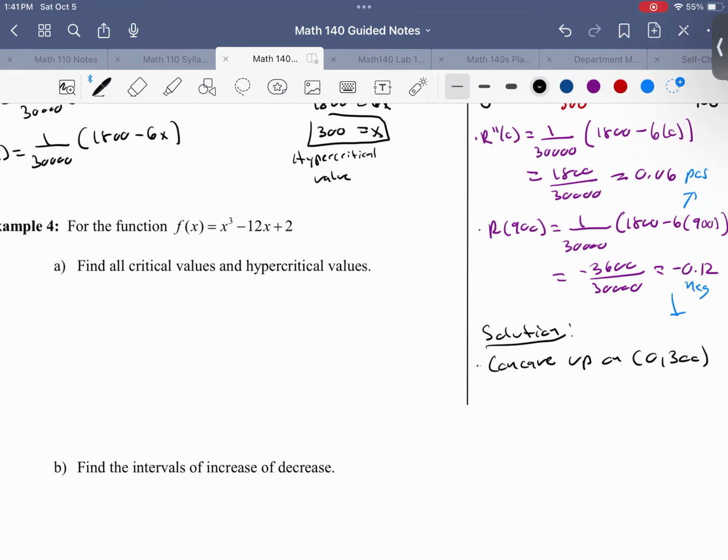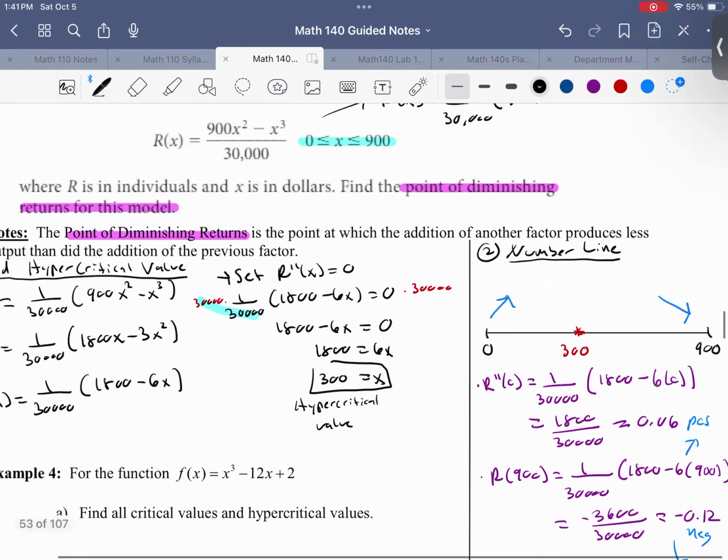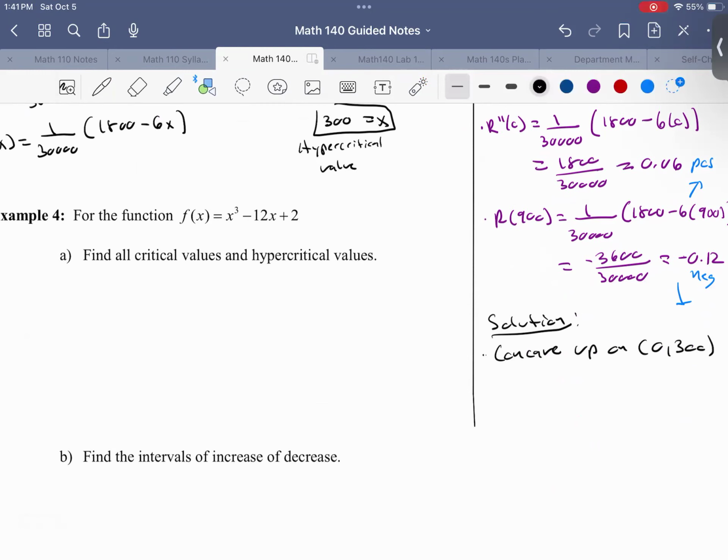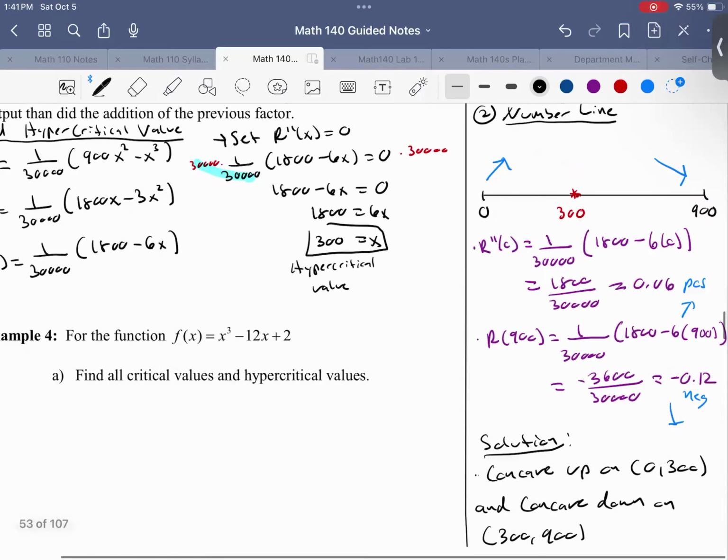Remember, we're between 0 and 900 because this is a real applied problem. We're not going to go to negative infinity. And concave down on 300 to 900, right?